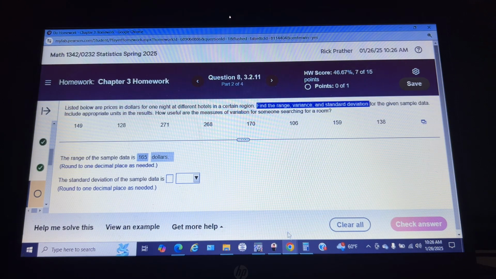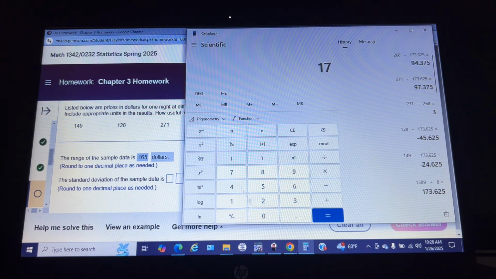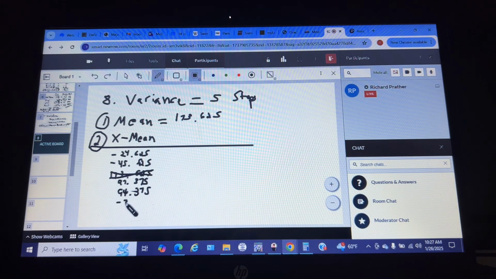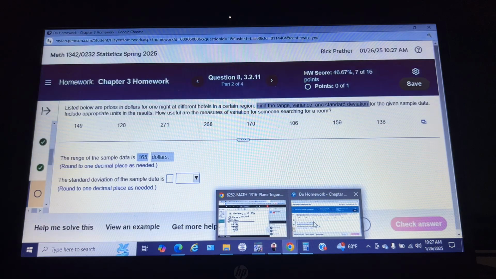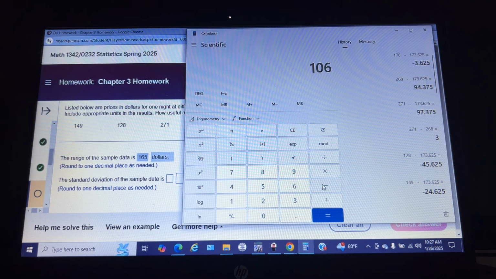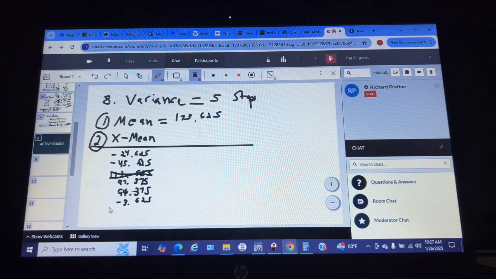The fifth number is 170. Minus, this one's below average, so I should get that 625 on it. Negative 3.625. Then we have 106. 106 minus the memory recall average is negative 67.625.